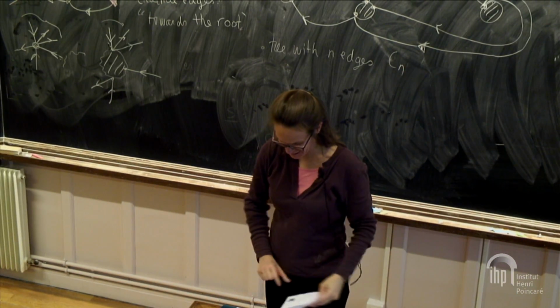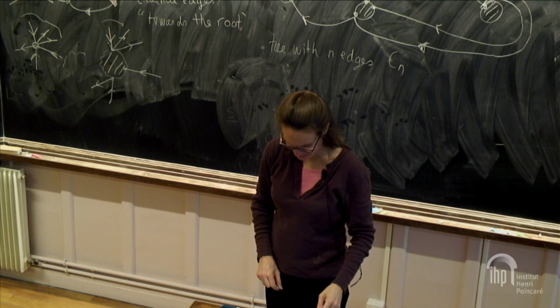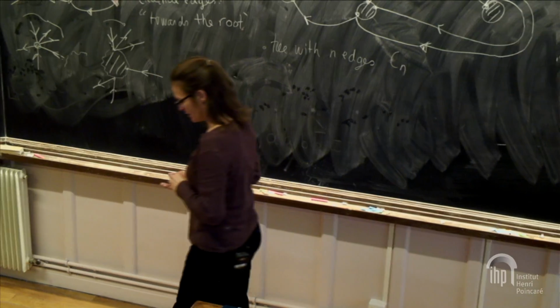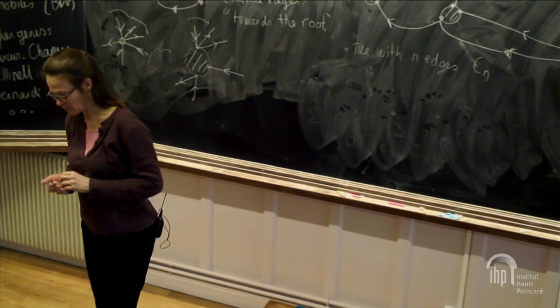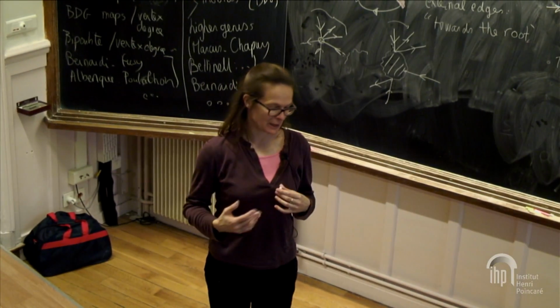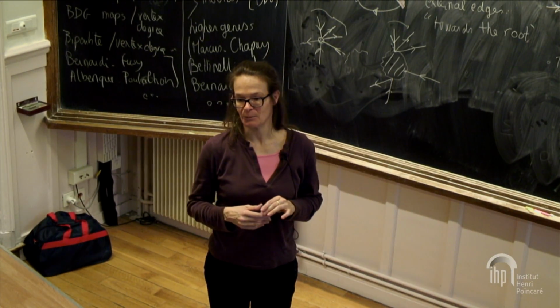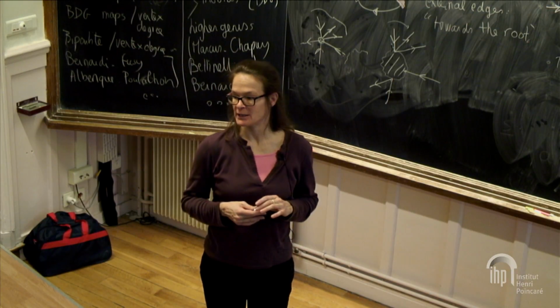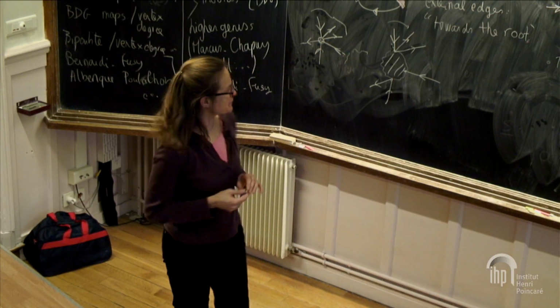Not just because I like to be clumsy, but because this will tell us what to do when we want to look at, say, the Potts model on planar maps, or equivalently to count maps weighted by their Tutte polynomial.